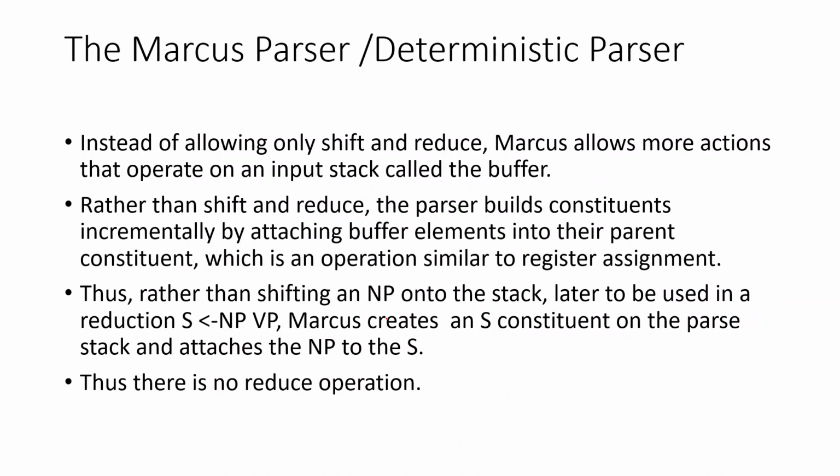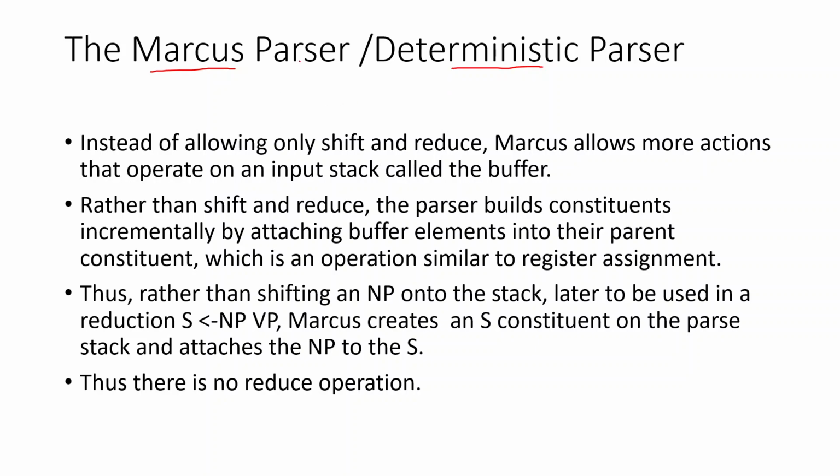Now what we are going to look at is called the Marcus parser, which is a deterministic parser proposed by Marcus somewhere in the 1970s for natural language processing. So we'll generally get an idea of what this Marcus parser is and how it introduces determinism in parsing.